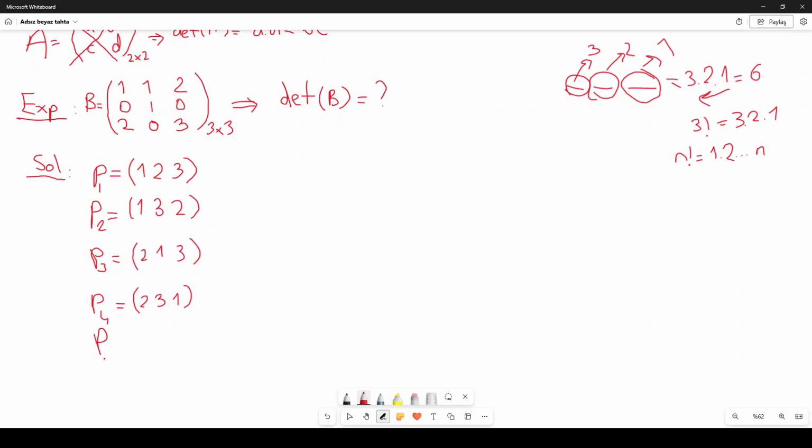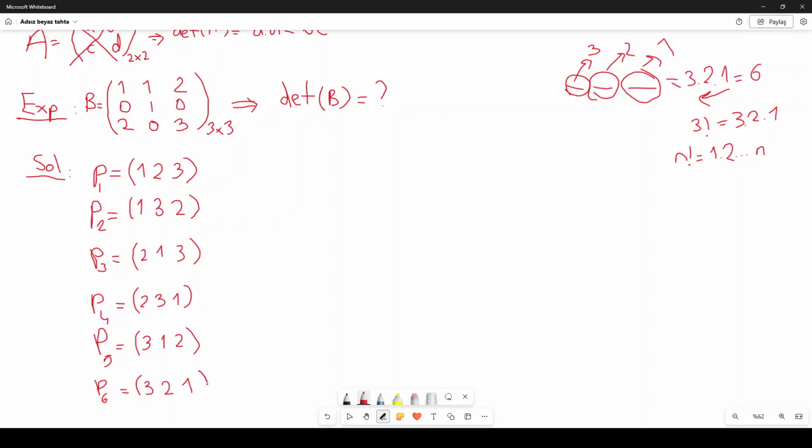Say P5. Now let's put the value 3 in the first position and swap the other elements, 1 and 2, between themselves. So 3, 1, 2. And how about the last one? There is only one more left. So this is 3, 2, and 1.